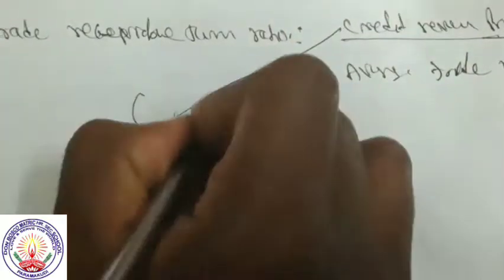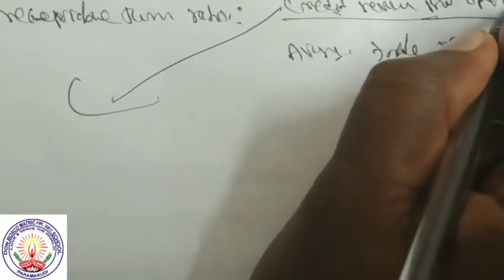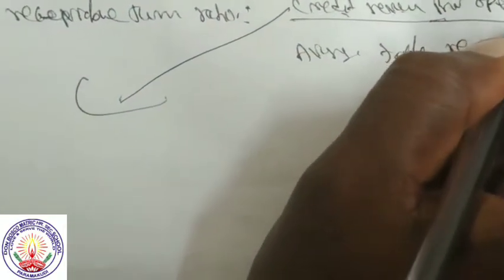First of all, credit revenue from operation. How much rupees is credit revenue from operation? See the question.